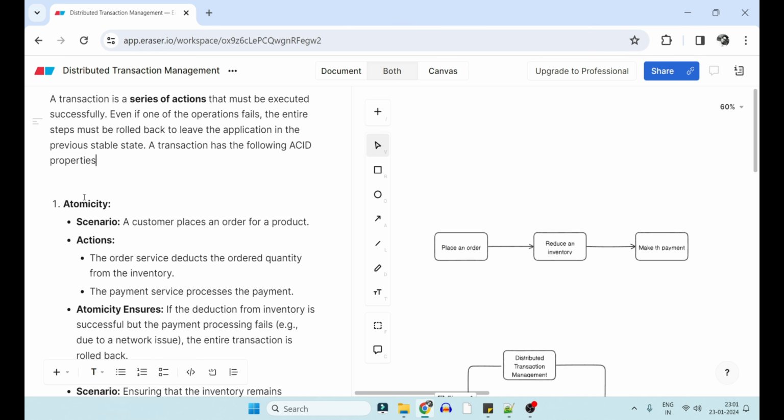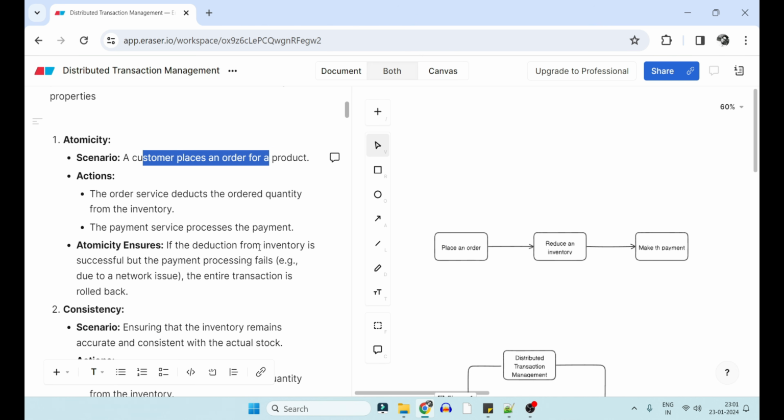A is for atomicity. When we place an order for a particular product, the order service deducts the order quantity from the inventory service and the payment service processes your payment. But atomicity makes sure that if the inventory is successfully removed but your payment fails, that means your order is not placed successfully, then it is unfair to other people who cannot place an order for that product, for which you did not make the payment.